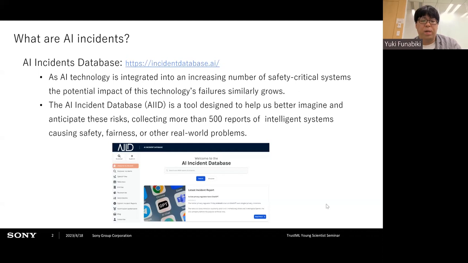For now, there are 500 reports of intelligent systems causing safety, fairness, or other problems.